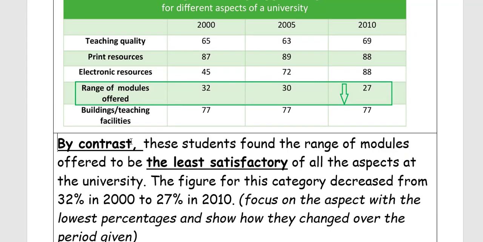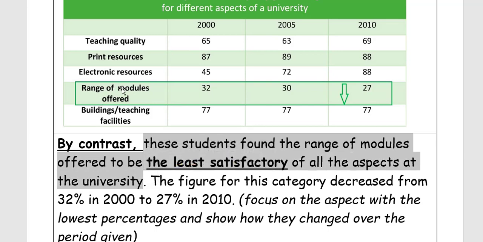So when you use the word by contrast, you want to show the opposite situation. You want to show the smallest percentages or the lowest percentages. The students found the range of modules offered to be the least satisfactory of all the aspects at the university.